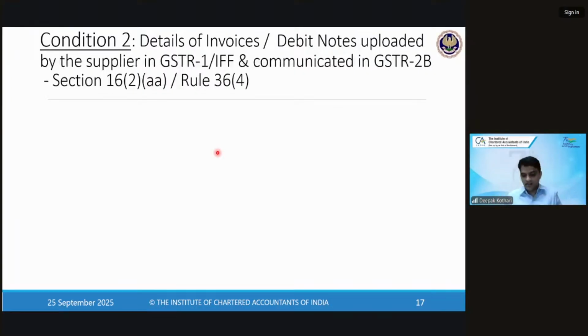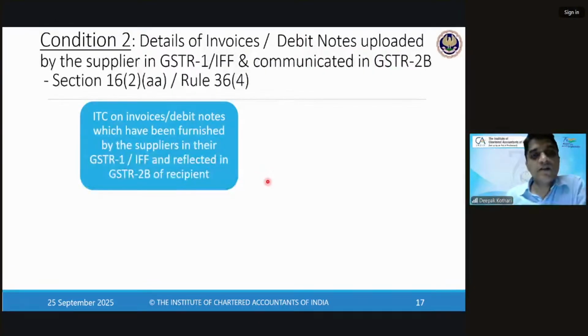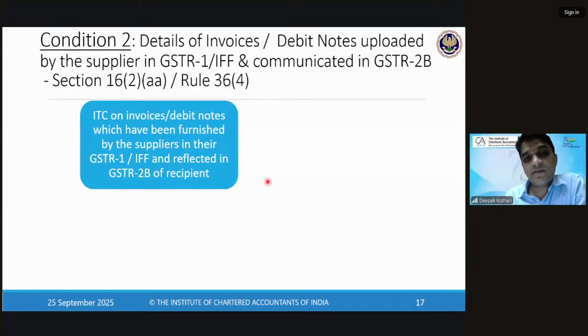16(2)(aa) says the invoice or debit note should be uploaded by the supplier in his GSTR1 or IFF and should be communicated to the recipient in his GSTR2B. So ITC on invoices or debit notes which are furnished by the suppliers in their GSTR1 will be reflected in the GSTR2B.